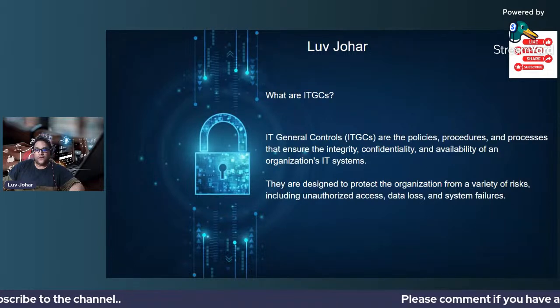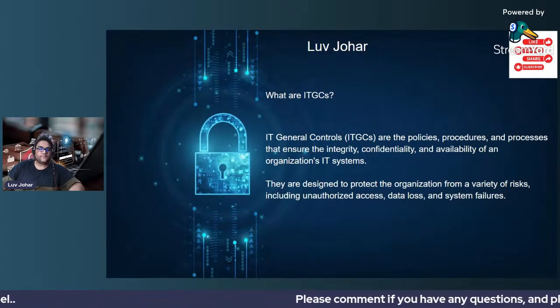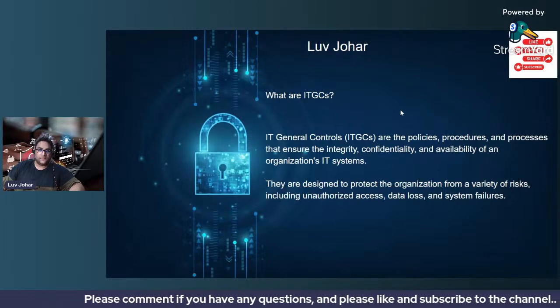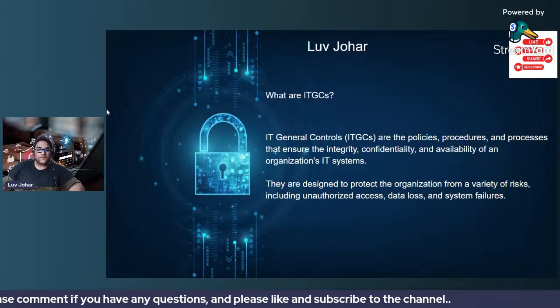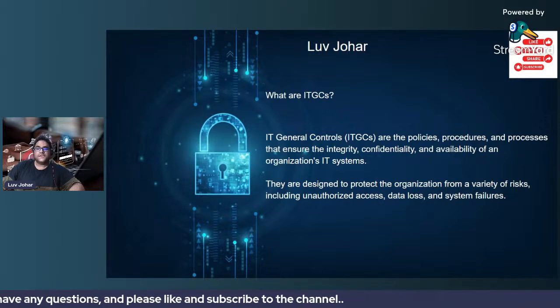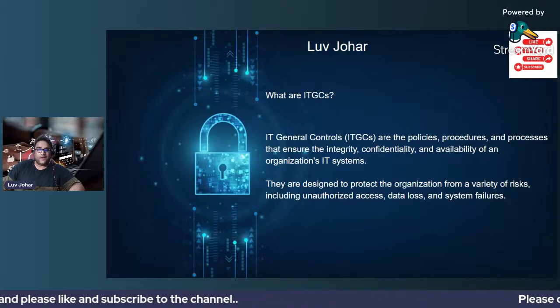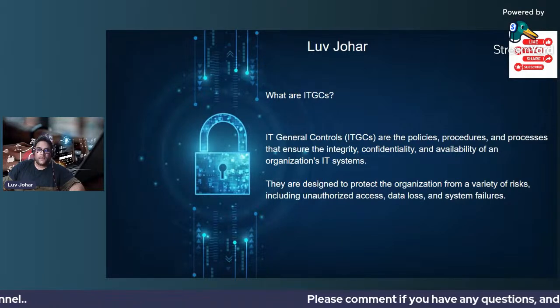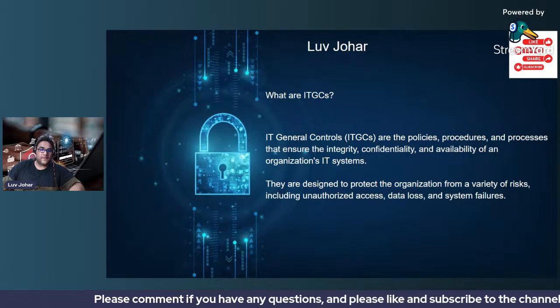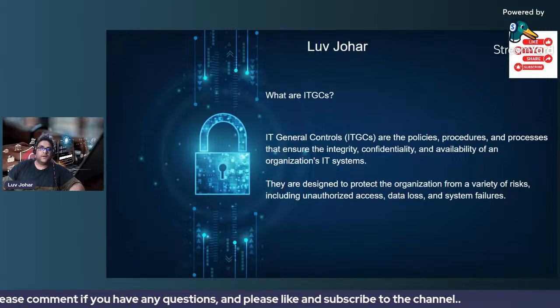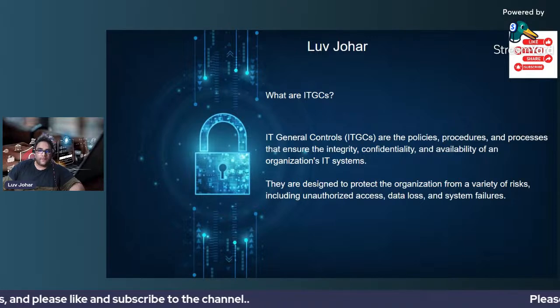So IT general controls, as the name suggests, are nothing but a set of policies, procedures and processes that ensure the integrity, confidentiality and availability of an organization's IT systems. If you are a little bit aware of the three fundamental pillars of information security, then you would understand it is very simple to elaborate that these ITGC controls are nothing but making sure that the confidentiality, integrity and availability of information is there.